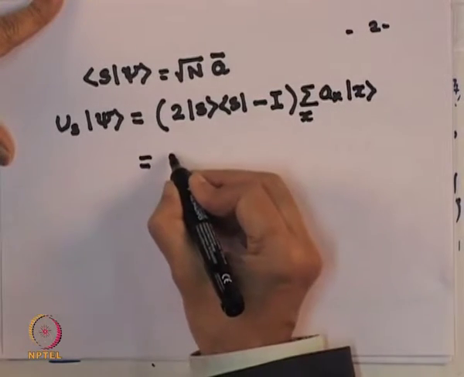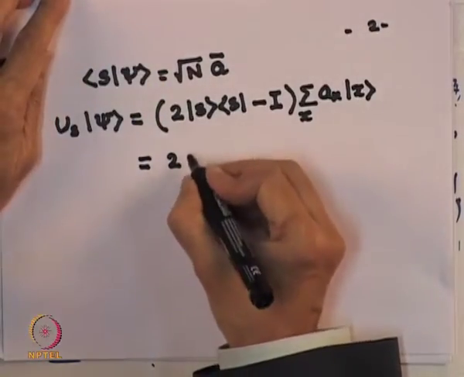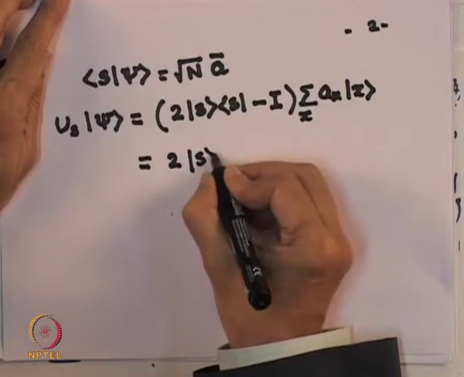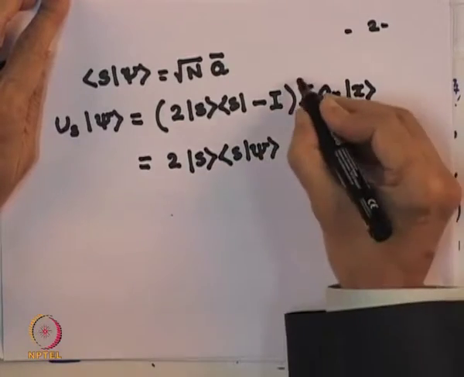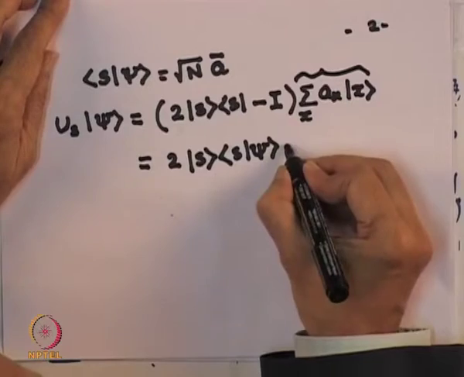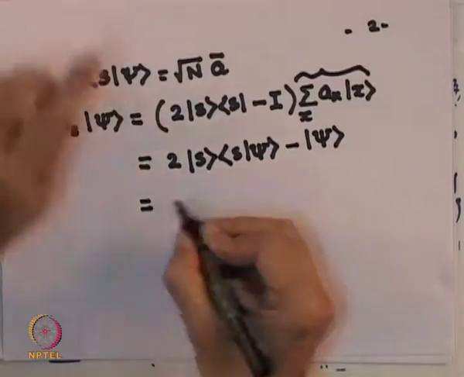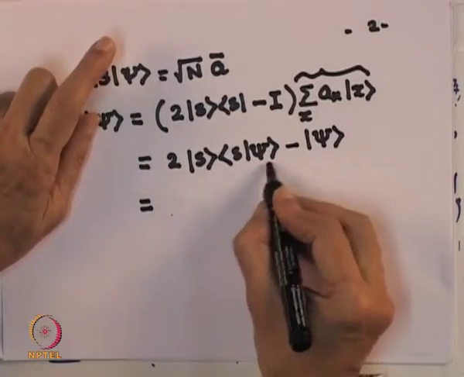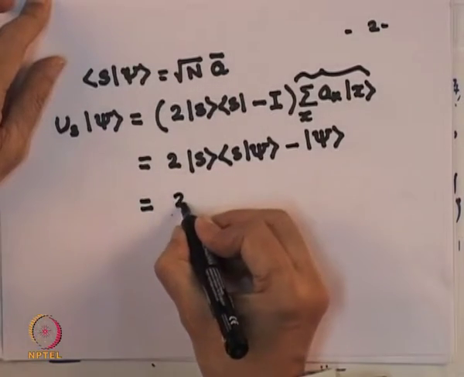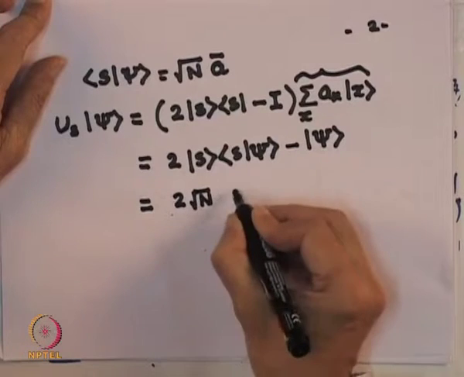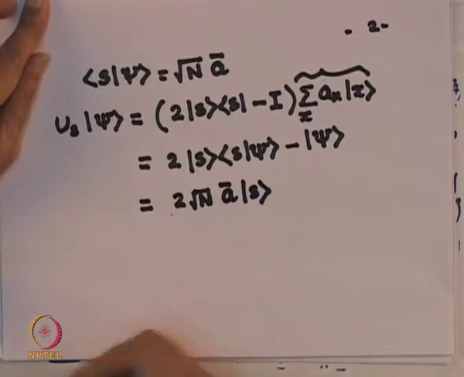So this is equal to 2 times, notice I have here the scalar product of S with psi, because this is actually S acting on psi, and minus psi, of course. Now this we have just seen is given by square root of n times A bar. So this quantity is 2 times square root of n times A bar, and of course I have got the vector S there, minus psi.